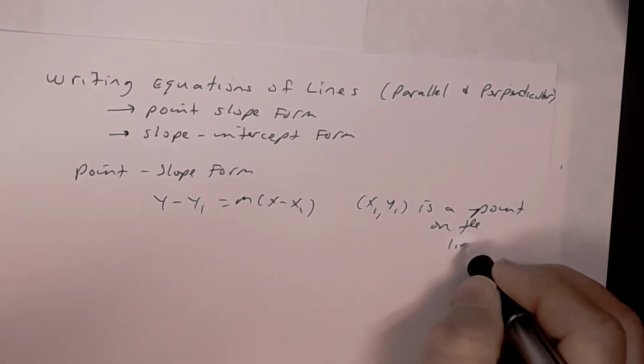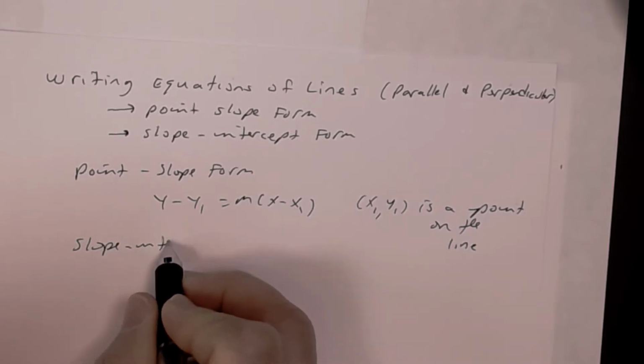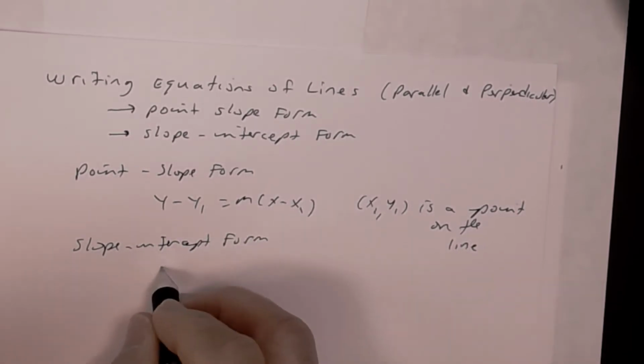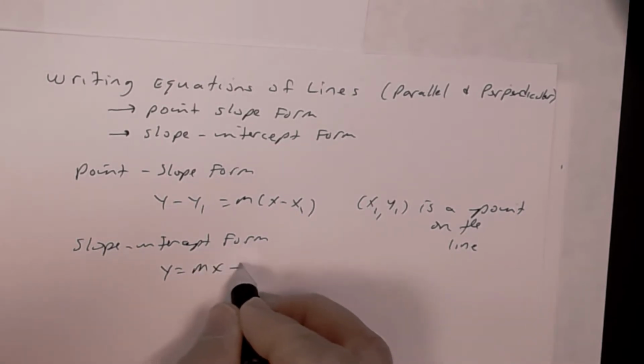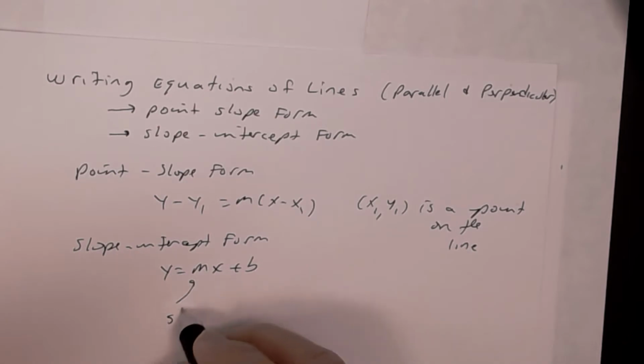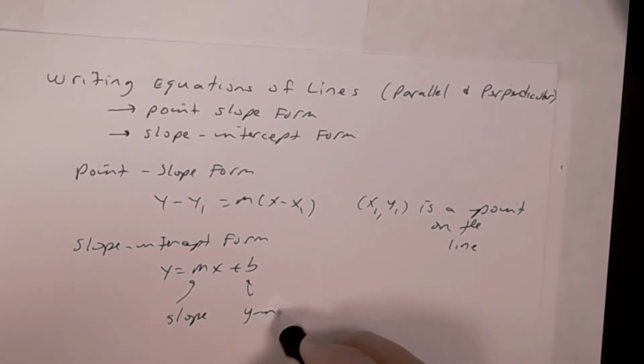And then slope-intercept form is this: y equals mx plus b, where m is the slope, and you remember that b is called the y-intercept.